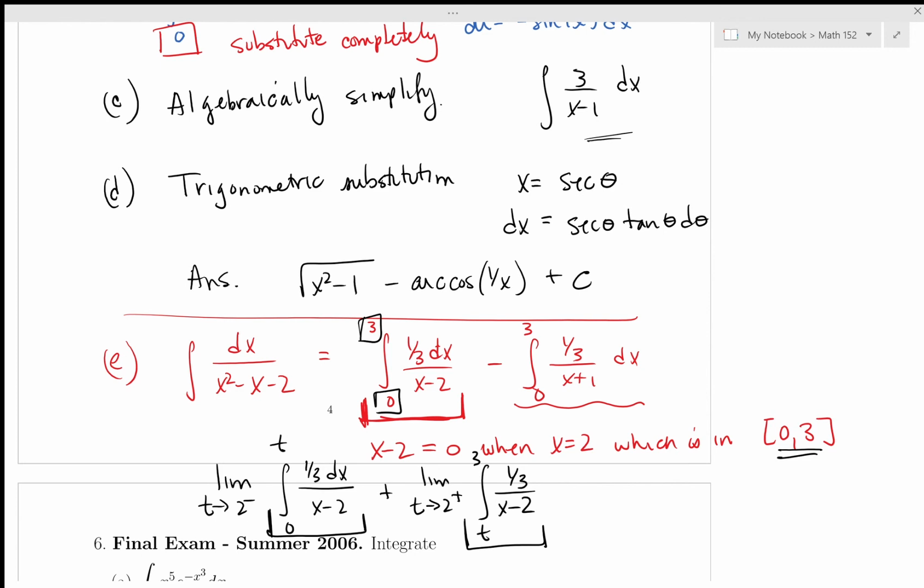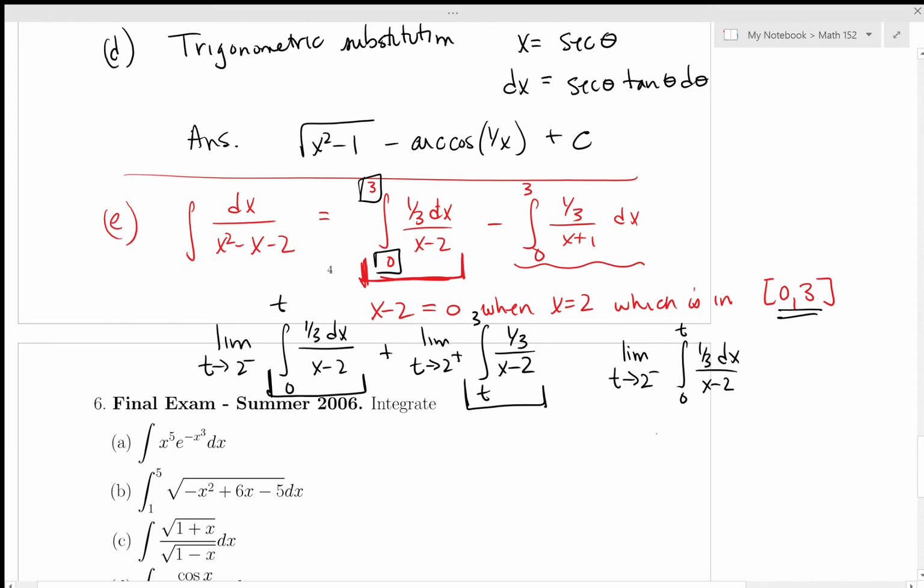So we take this limit, and if we have problems with either one of these limits, then we conclude that this integral diverges. In this case, we will have a problem here, with 1/3 dx over x minus 2. I'm going to integrate that, keeping the limit out in front.